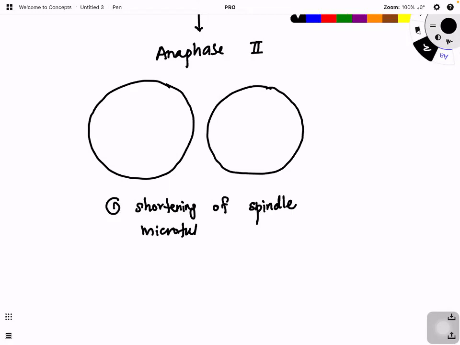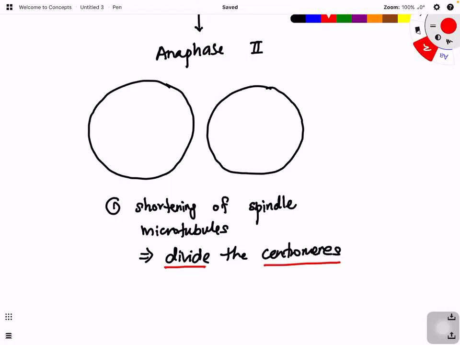Now, this is very important. We use the words divides the centromere. Highlight the words divides the centromere. Don't use the word split or break. Under CIE, you cannot use the word split or break. Only one phrase must be used: divides the centromere.